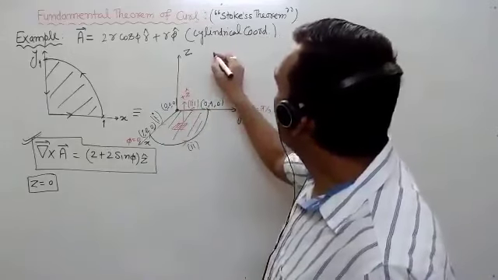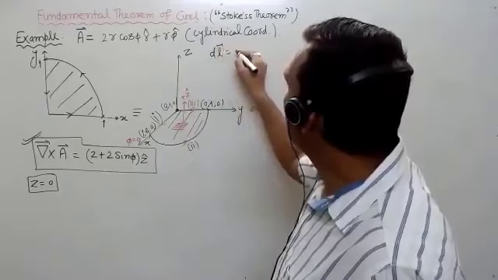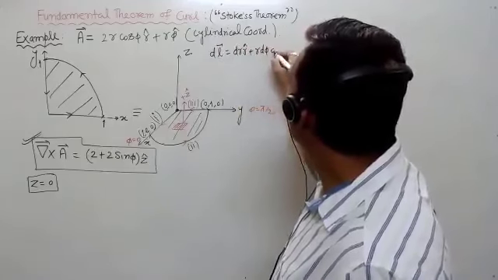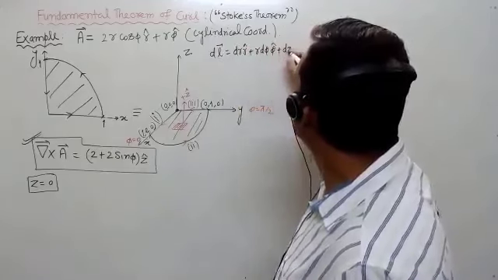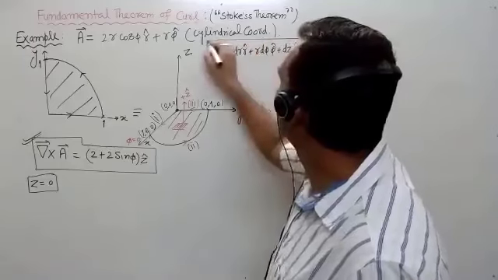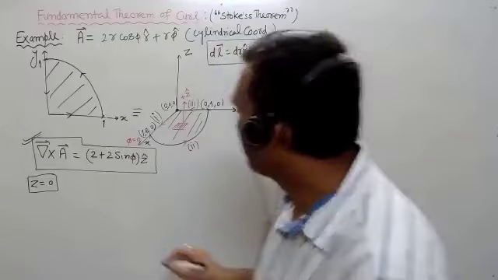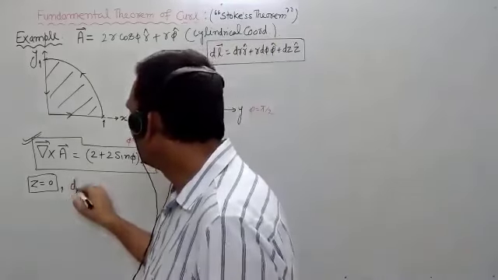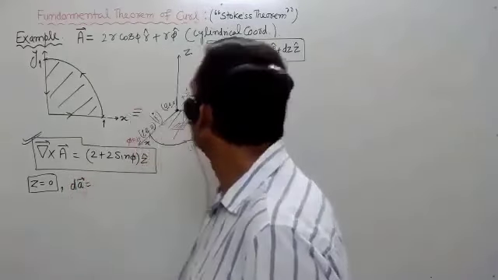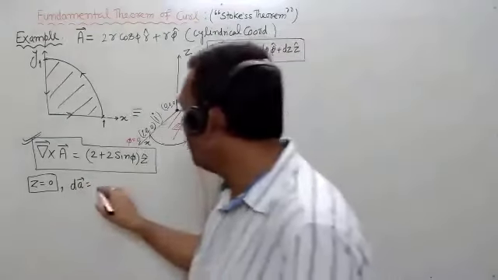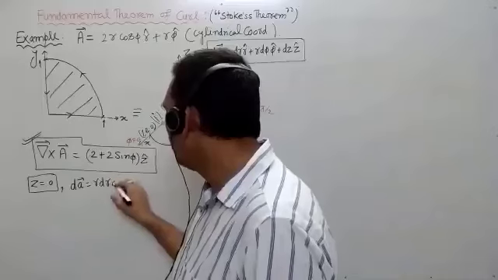You know that dl vector in cylindrical coordinates is dr r cap plus r d phi phi cap plus dz z cap. So dA: z is fixed, so you have to multiply these two sides. That is r dr d phi z cap.